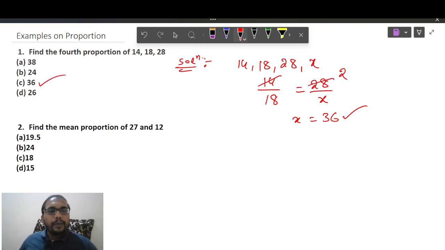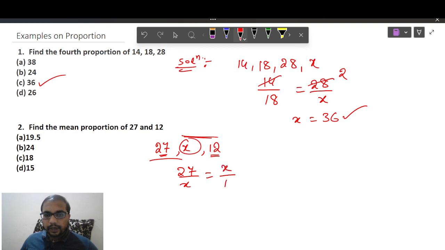If they are asking about the mean proportion, that means the middle value. Two values are given, 27, X, 12. Two values, 27 and 12, are given, and they are asking about the middle value. Three values are in proportion, then what you have to do? 27 by x, the first two terms ratio, and the last two terms ratio, x by 12.